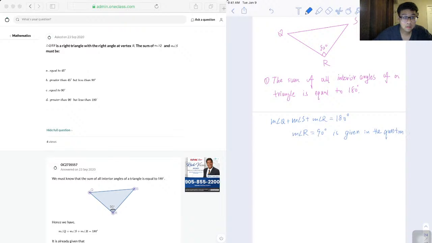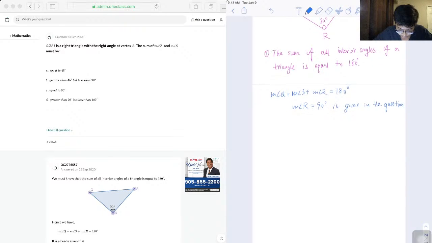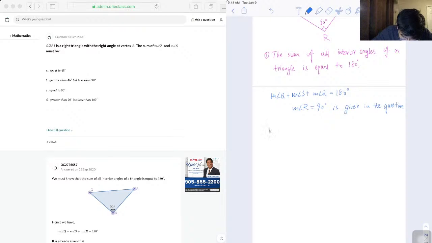Right. So we just need to substitute the value of R into the equation above. So our equation becomes Q plus S plus, instead of writing R, we write 90 degrees, is equal to 180 degrees.